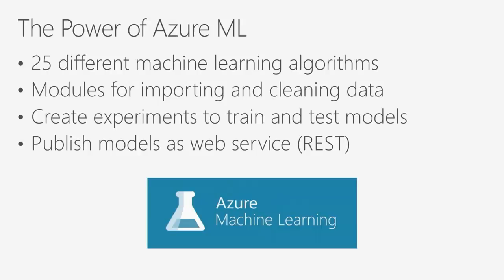There are a lot of modules in there to do common tasks that a data scientist would want to do, like changing the metadata, making things categorical or not categorical, filling in default values, or throwing out data where there are missing values. There are modules for a lot of these things, and then you can train and test a model all within Azure Machine Learning.